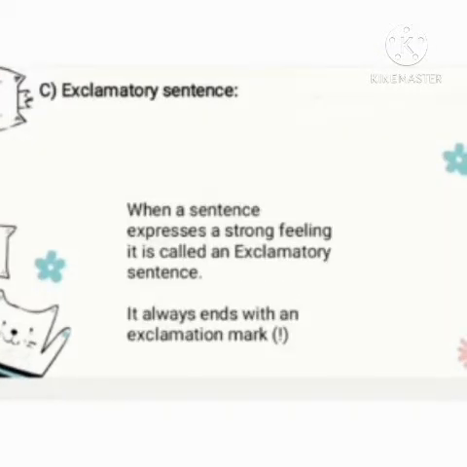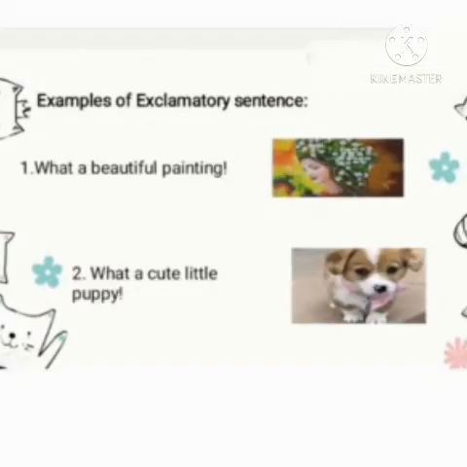When a sentence expresses a strong feeling, it is called an exclamatory sentence. It always ends with an exclamation mark. Examples: what a beautiful painting! What a cute little puppy!